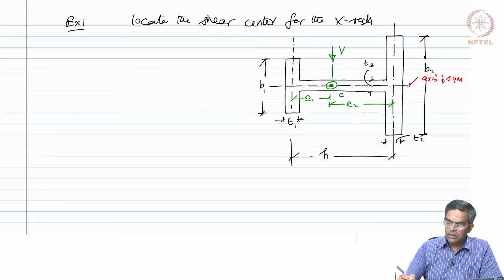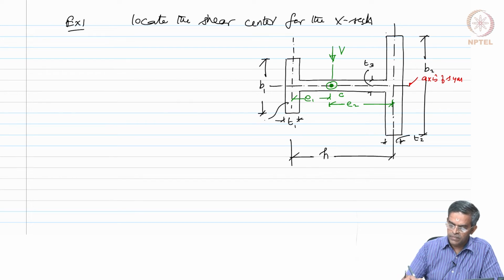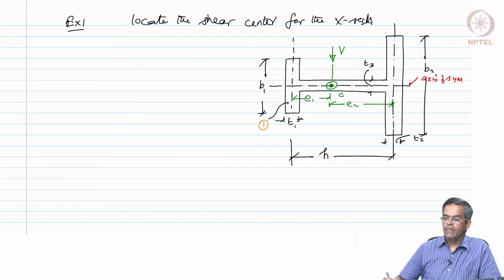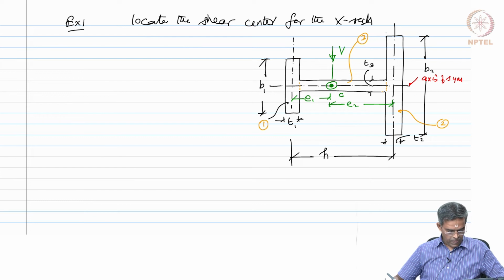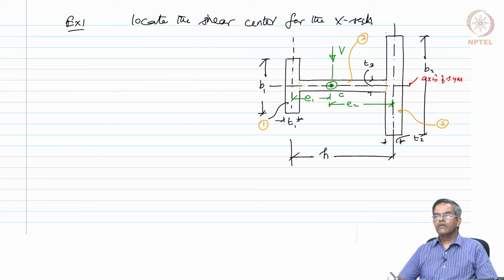Okay. So, this is my first element. This is my second element, and this is my third element, where the intersection is cut here. Okay.